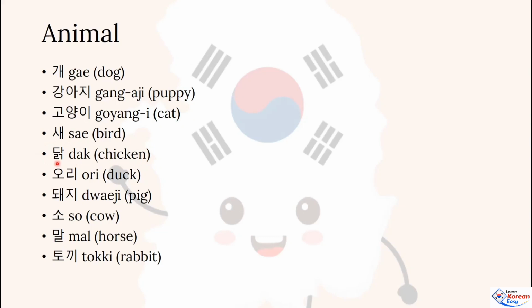With the complex final double consonant, you just pronounce it as 닭, with just the 기역. Okay, 오리, duck, 돼지, pig, 소, cow, 말, horse, and 토끼, rabbit. Okay, well, there's more animals. Don't worry, there's more animals.